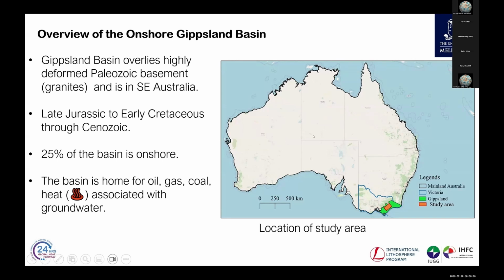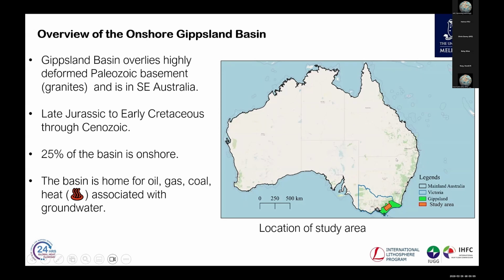If you take a look at this map of Australia, the Gippsland Basin is located in southeastern Australia, sitting on top of highly deformed basement rocks. This is the Gippsland region, shaded in green, and the small rectangle colored orange shows the study area.